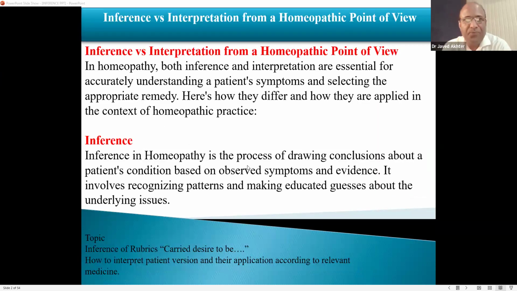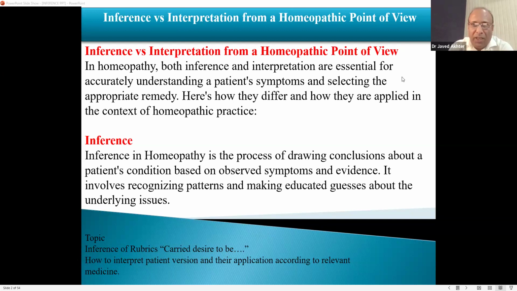First, I'm going to explain the meaning of the words inference and interpretation from the homeopathic point of view. In homeopathy, both inference and interpretation are essential for accurately understanding a patient's symptoms and selecting the appropriate remedy.